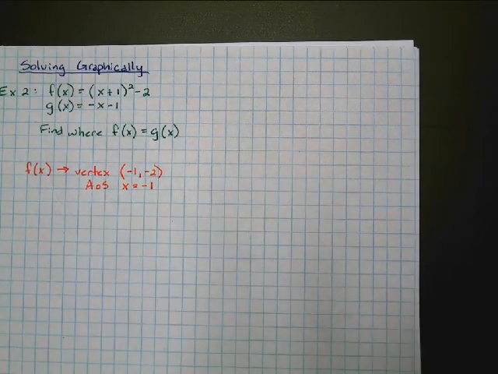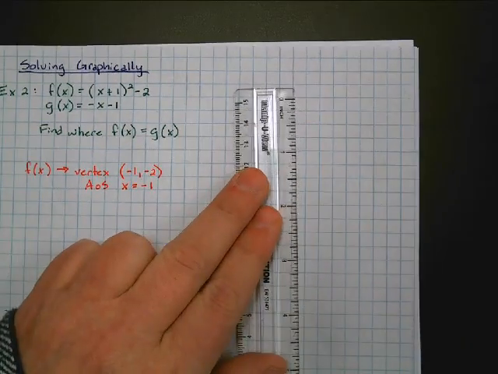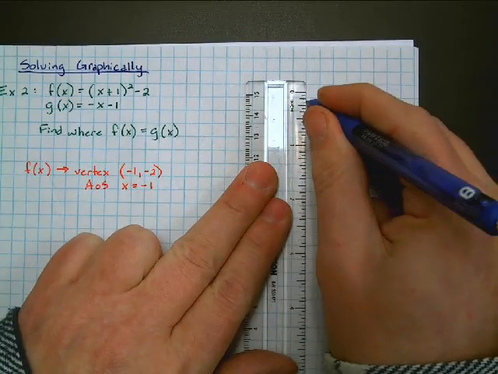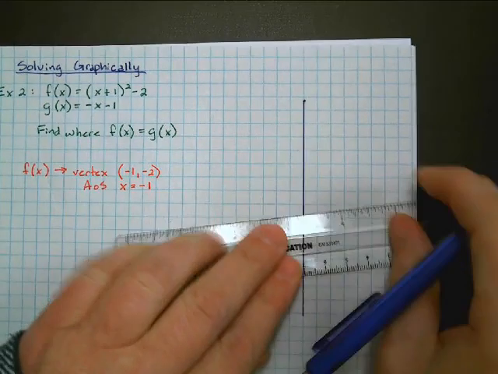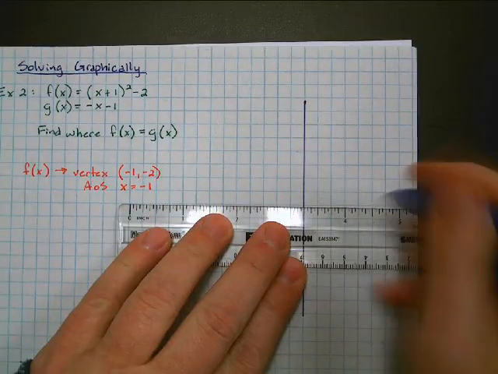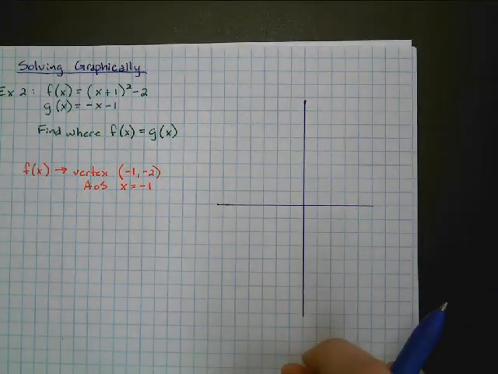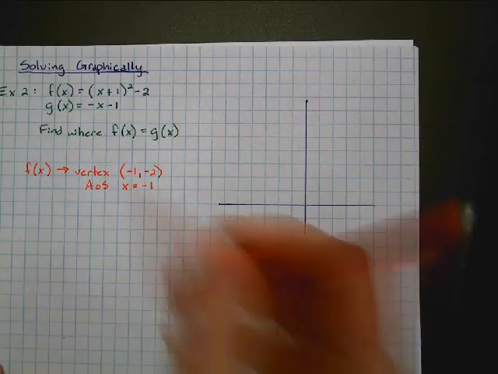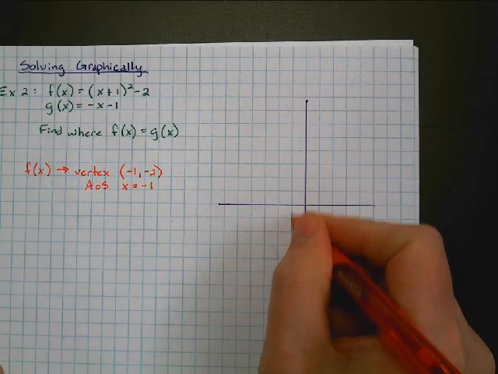Let's graph and see what we have so far. I have no idea where this is going to show up, so I'm just making a big graph. So far I've got a point at negative 1, negative 2, so I'm going to go back 1 and down 2.